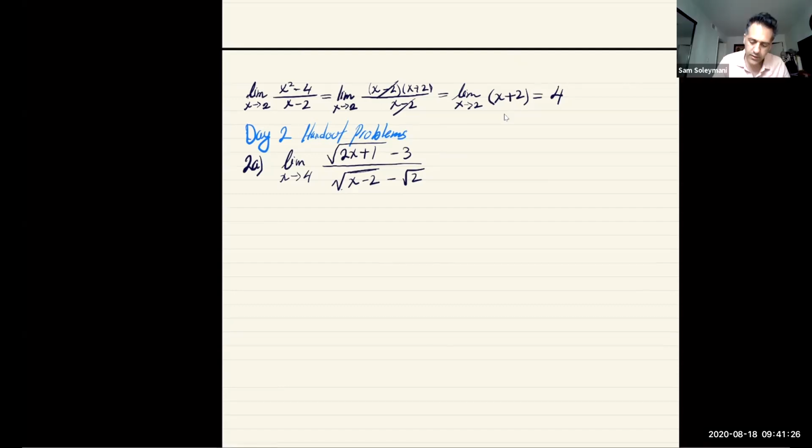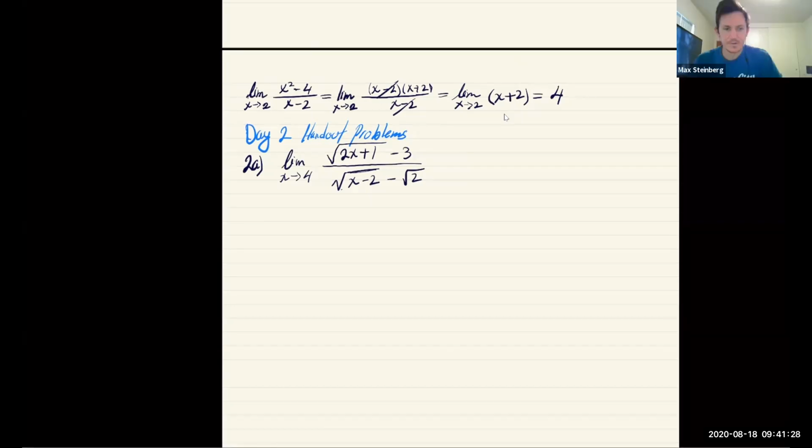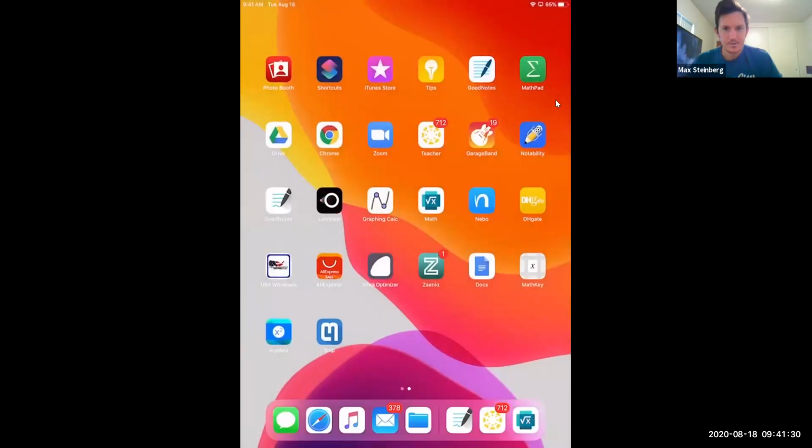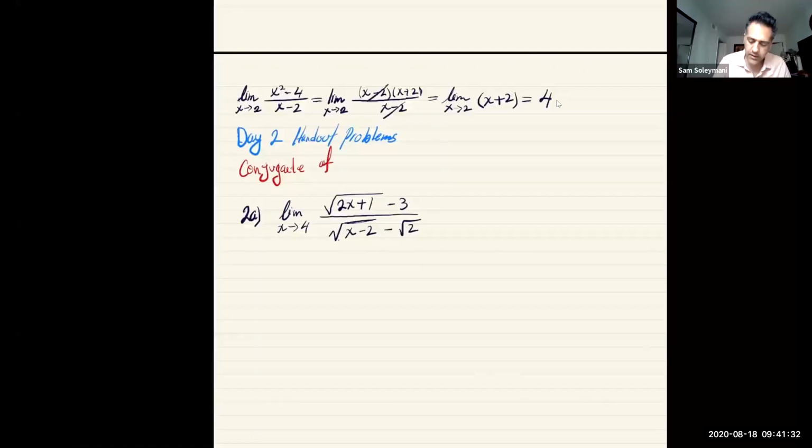Conjugate of root a minus root b is root a plus root b.